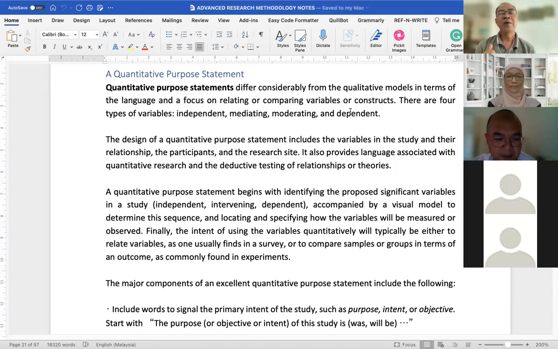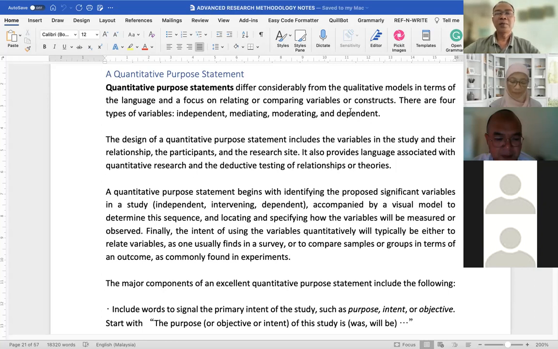But of course, every independent variable, every mediating, moderating, and dependent variable that you include in the theoretical framework must be based on the previous studies and must be based on the theory and expectations.